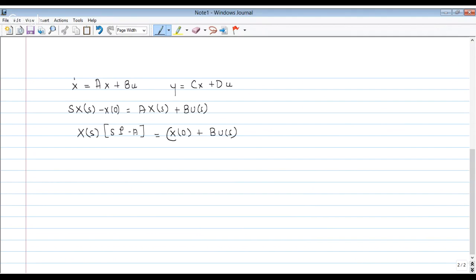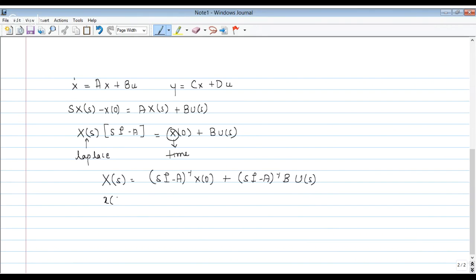Remember, this is small x, that is, it is in the time domain. This one is in the Laplace domain. So what is capital X of s? It is (sI minus A) inverse x(0) plus (sI minus A) inverse B U(s).